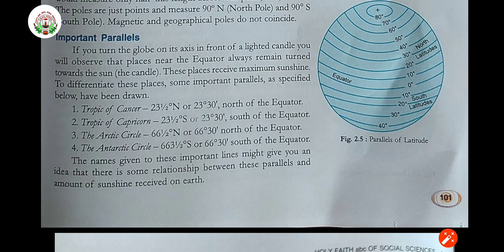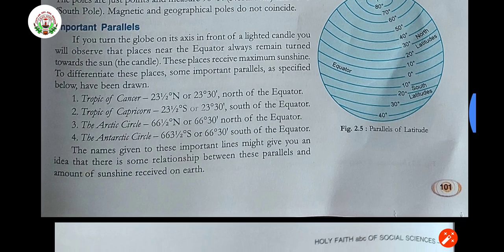Antarctic Circle, in the same manner, 66.5 degrees south or 66 degree 30 minutes south of the equator. The names given to these important lines might give you an idea that there is some relationship between these parallels and the amount of sunshine received on the earth.